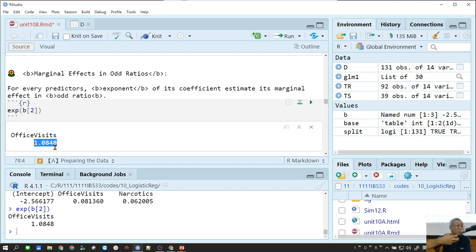You need to apply exponential to the coefficient, right? And after you apply the exponential to the coefficient, it's still not the probability, it's odds, okay? So if you apply exponential to the coefficient, you will get the odds multiplier, I should say.